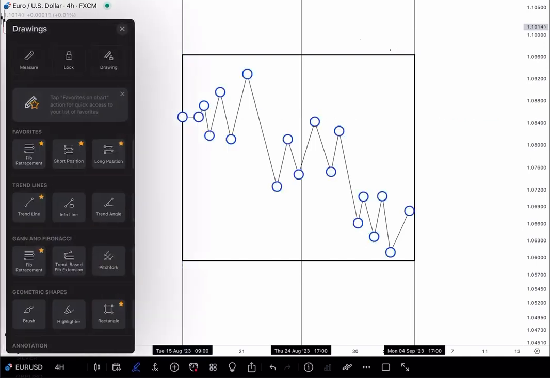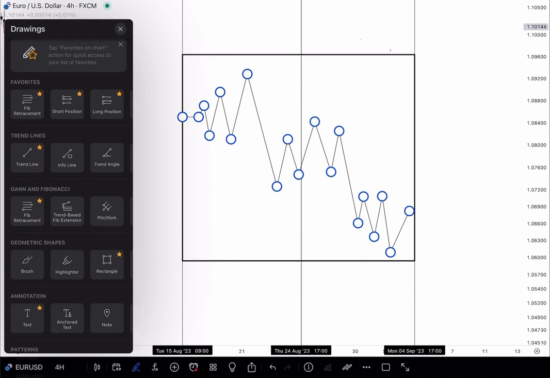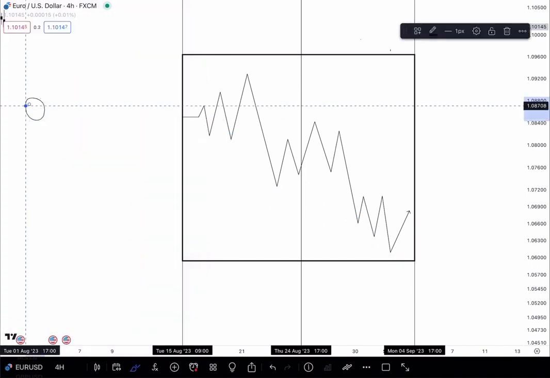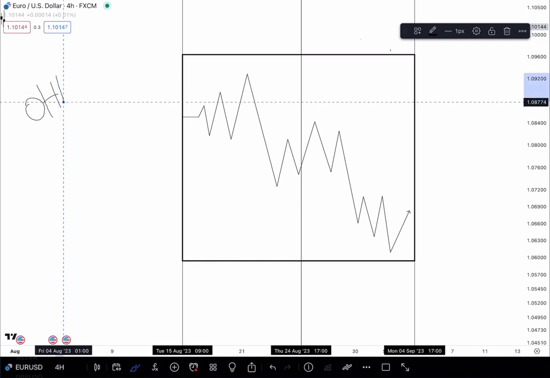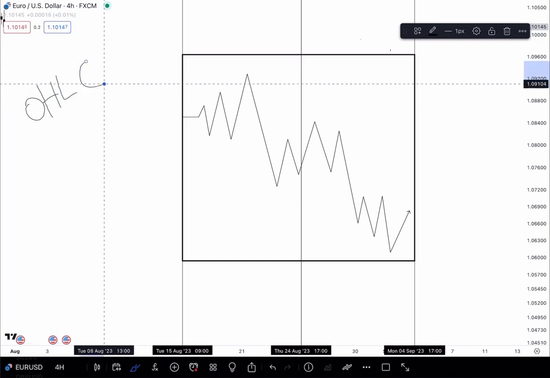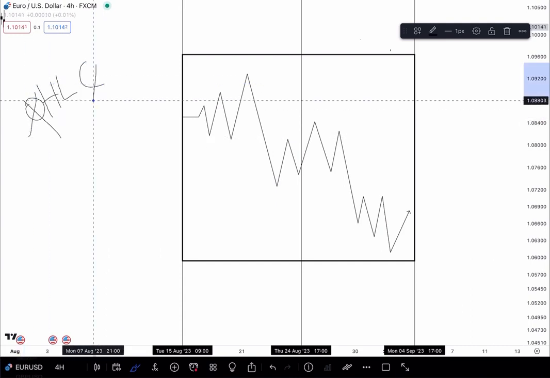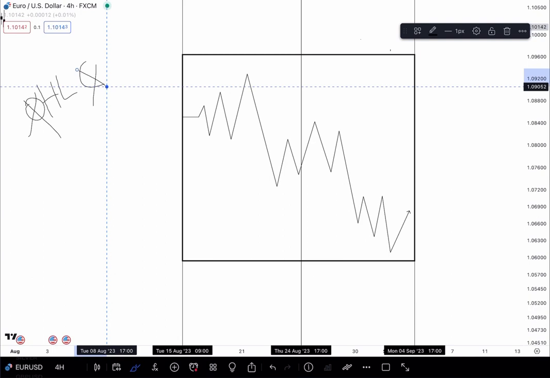So the puzzle is already 50% solved. The open, the high, the low, and the close, right? You got the open, and you got the close. All you have to do now is anticipate the high and the low.